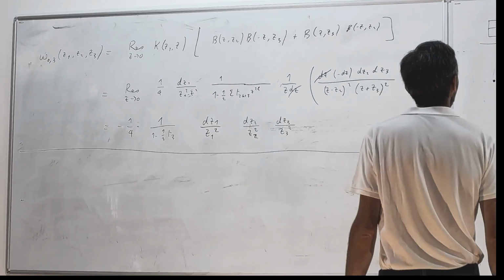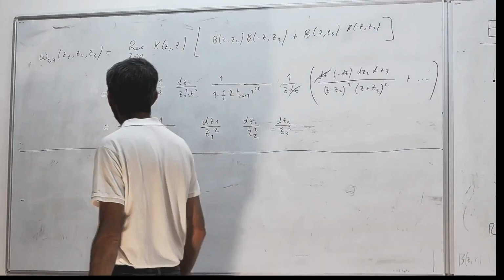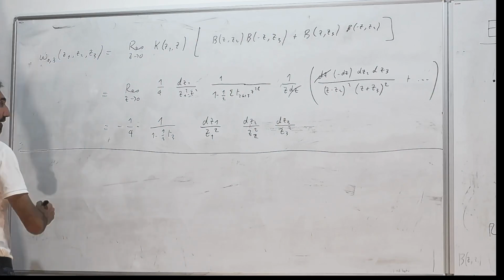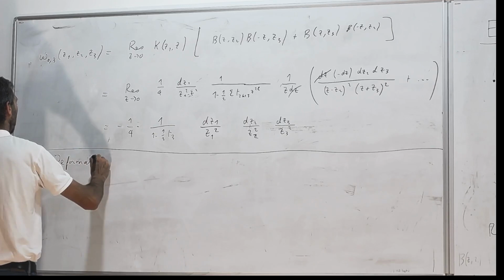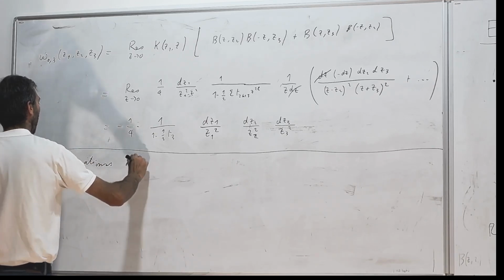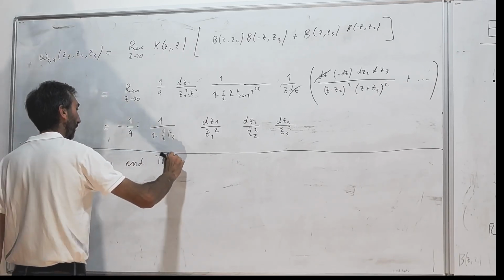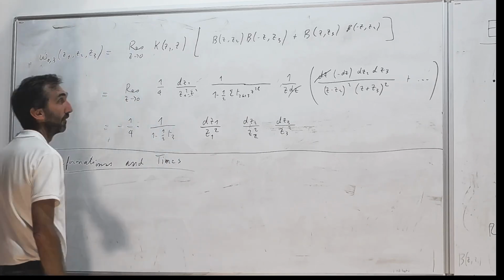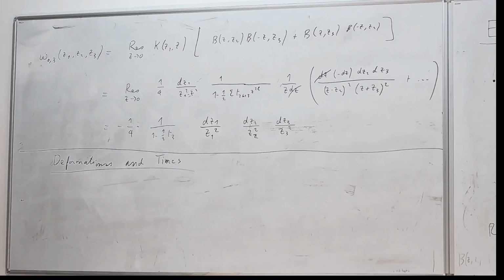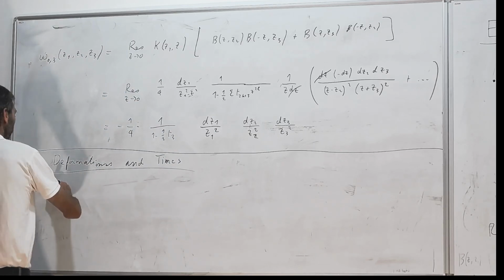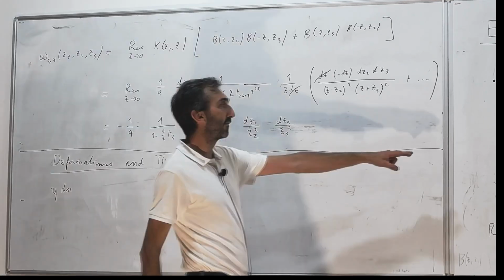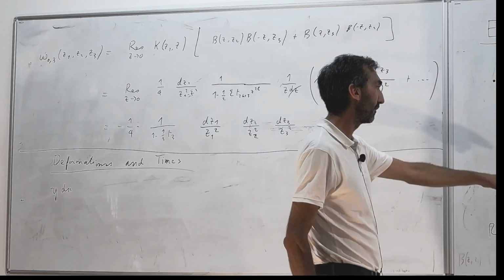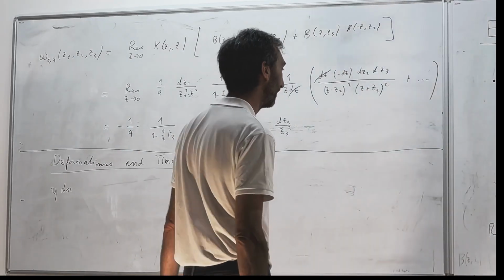So now I want to talk about deformations and times. Let me make the following remark. y dx, since dx is equal to 2z dz, y dx, in fact, I've already written it here.